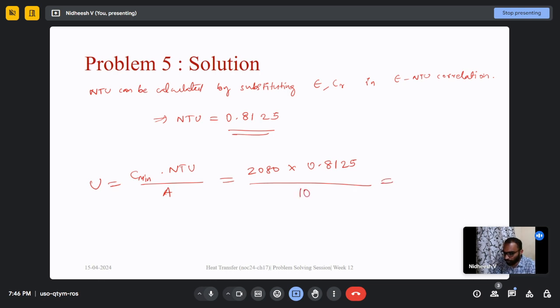So the overall heat transfer coefficient would be 2080 multiplied by 0.8125 divided by 10, 169 with units of watts per meter square Kelvin. Okay, that was the solution to our problem.